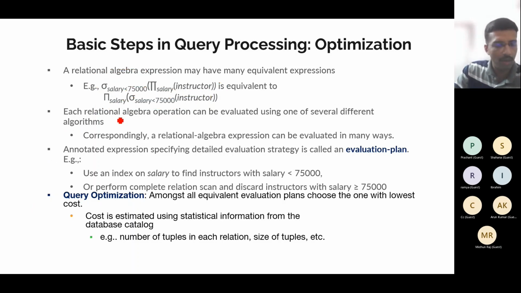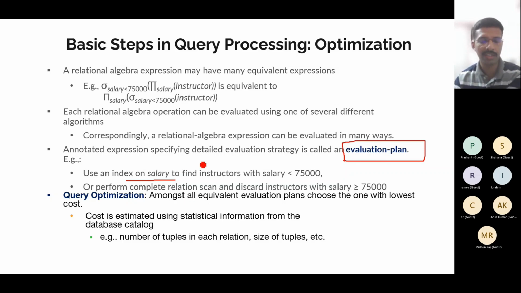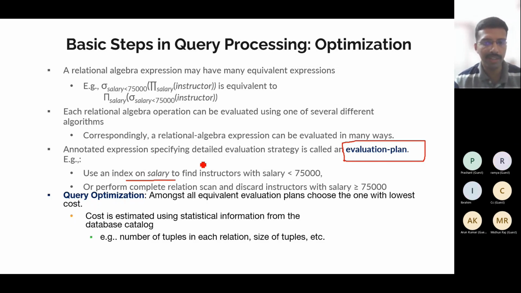And each operation can be evaluated using one of several algorithms. How we finally decide to go ahead with the evaluation of a query is called an evaluation plan. We will have options like using an index on salary, or performing a complete scan on the database and removing the instructors with salary greater than 75,000. What way we finally decide to go ahead with the operation is what is called an evaluation plan.